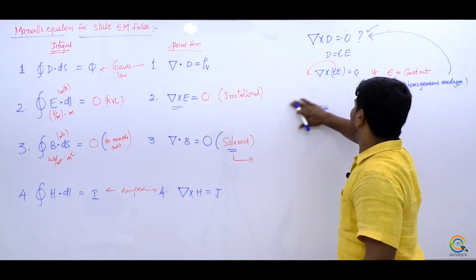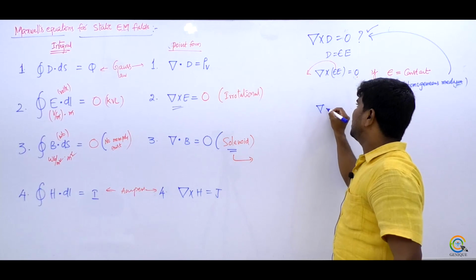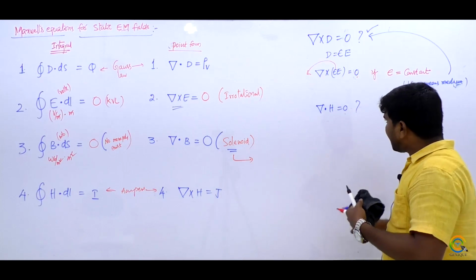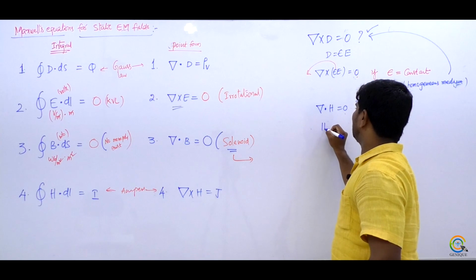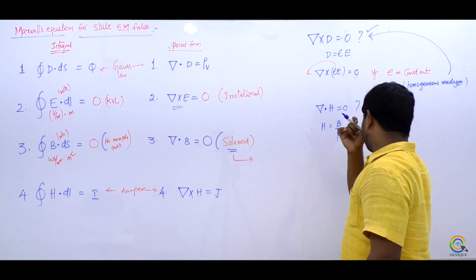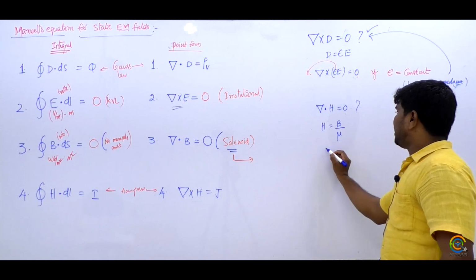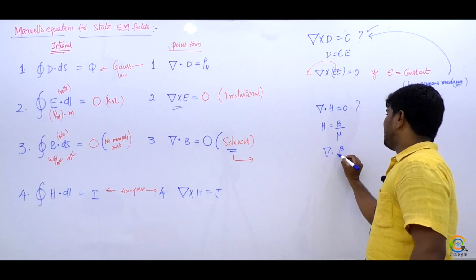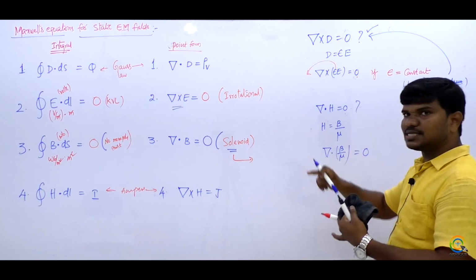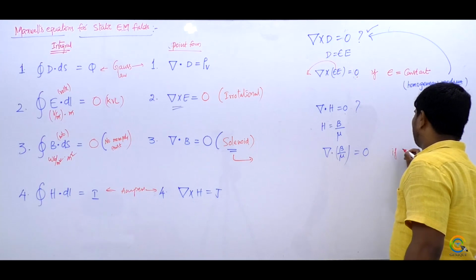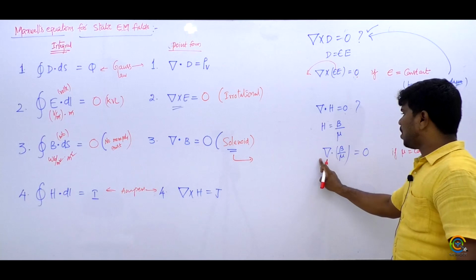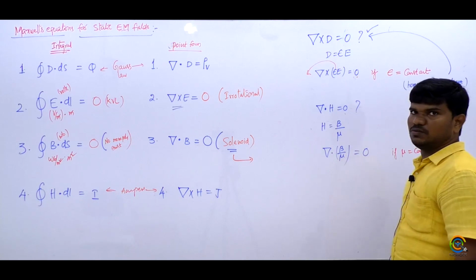Similarly, can we write del dot H is equal to 0, since del dot B is equal to 0? You can write it if H is equal to B by mu. So del dot B by mu is equal to 0 if you consider mu as a constant. If mu is constant, you can take mu outside and write del dot B is 0.